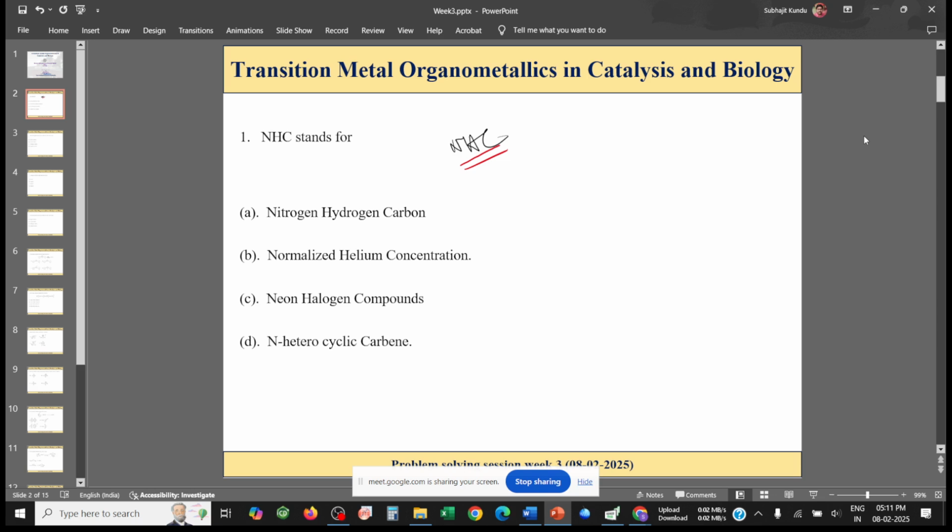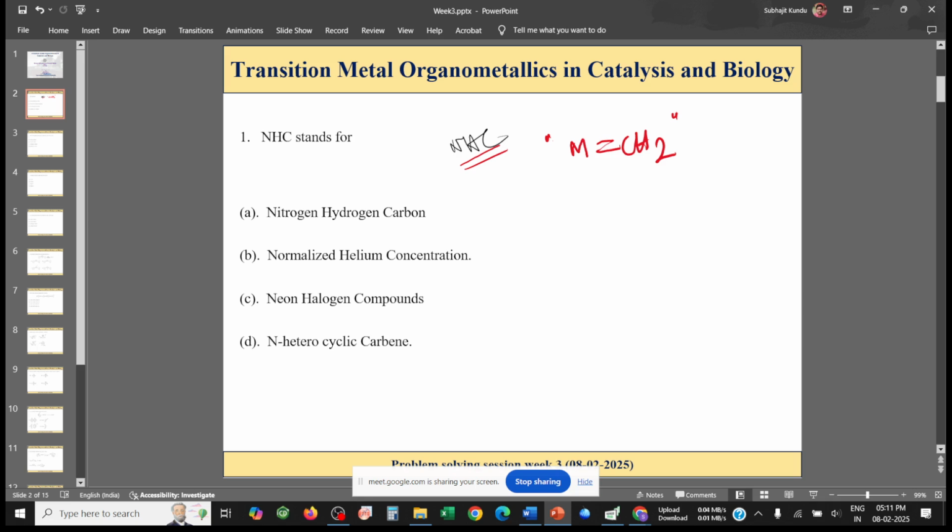We have seen that our olefin metathesis reaction goes through a metal carbene intermediate, represented as M double bond CH2. This is the active intermediate for our metathesis reaction.